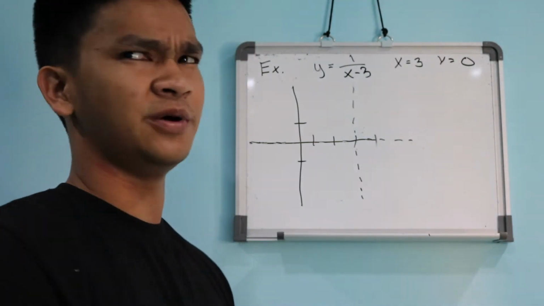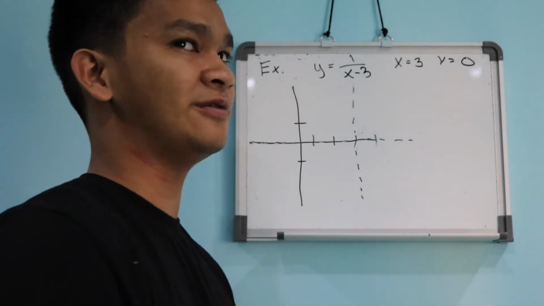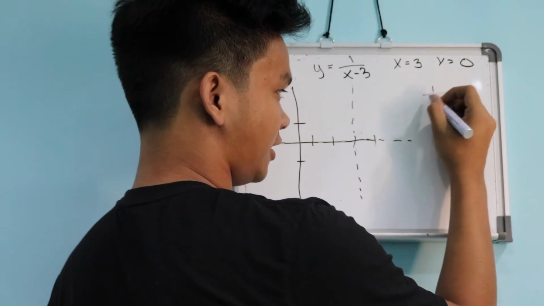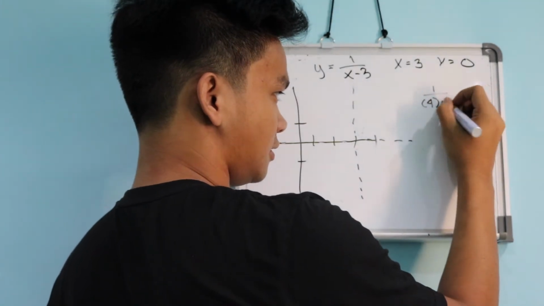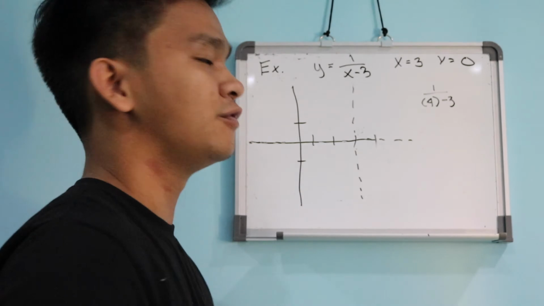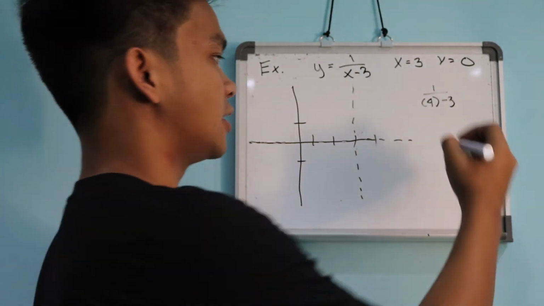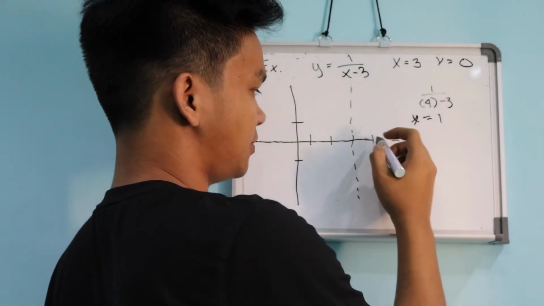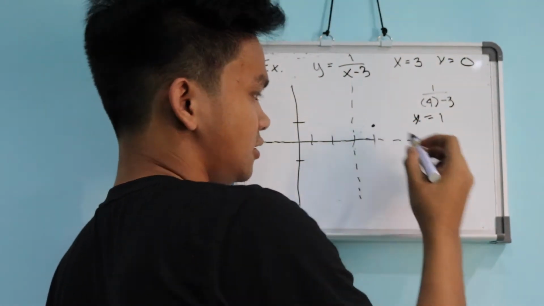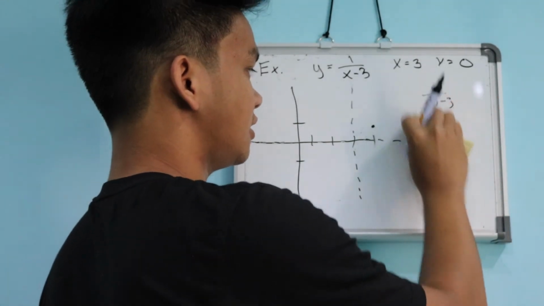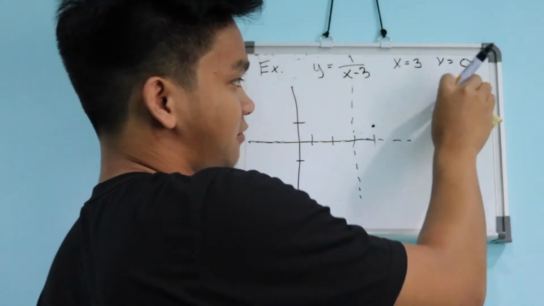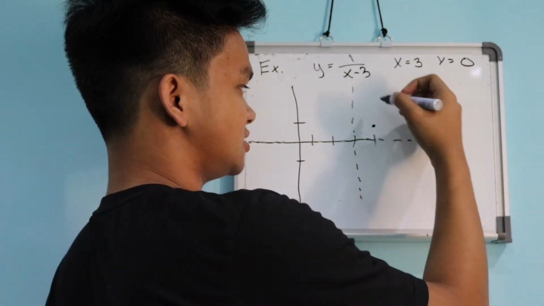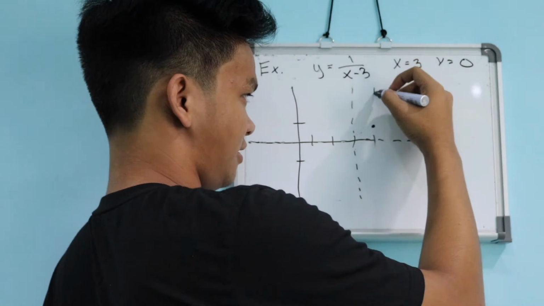Let's say 4. Now we plug in 4. 4 minus 3 is 1, so y equals 1. We plot it right here. So we can say that the graph on the right side of our vertical asymptote is above.